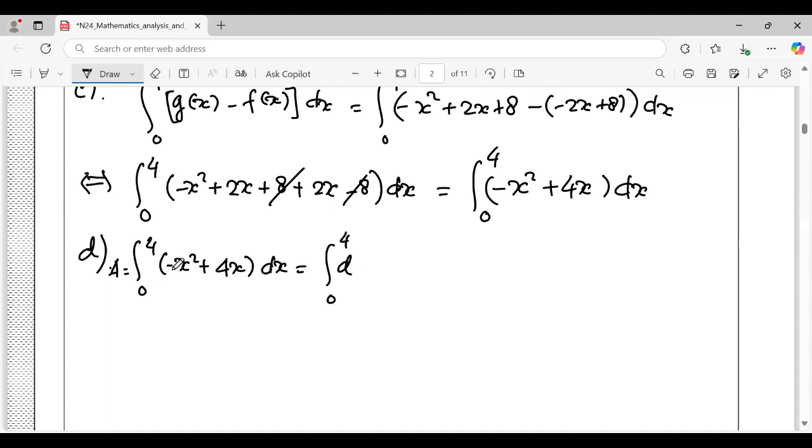We're going to find the integral of this function. The integral is minus 1/3 x cubed plus 2x squared.